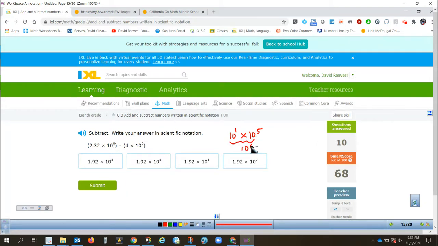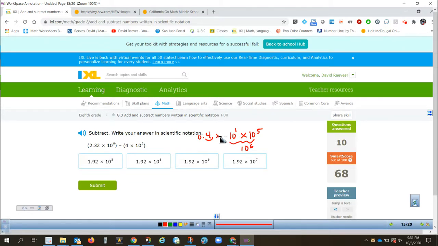So to make this one 10 to the 6th, I had to multiply by 10. But that means that since you made this part 10 times bigger, this part has to get 10 times smaller, right? So make the coefficient the same amount smaller as you made the exponent bigger, or vice versa, okay?